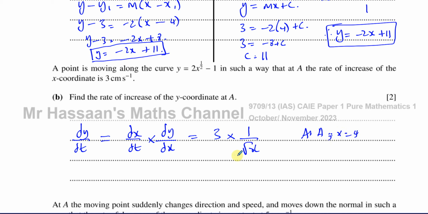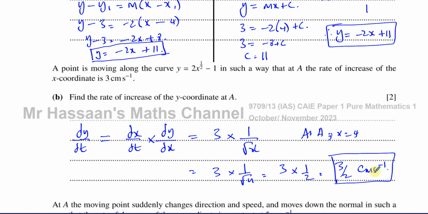So this is going to be 3 times 1 over the square root of 4, which is 3 times a half, which is 3 over 2, in centimeters per second. All right, so that's the rate of increase of the y-coordinate at A. At that point, x is equal to 4, so we can replace x with 4 within our expression for dy/dt, and we have found the answer to part B.